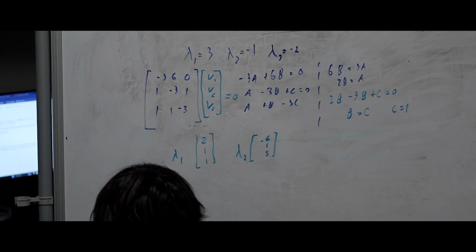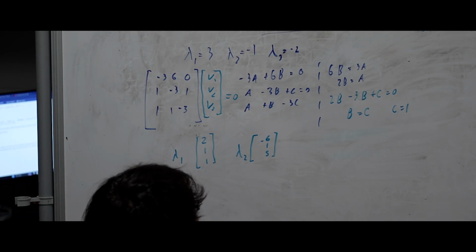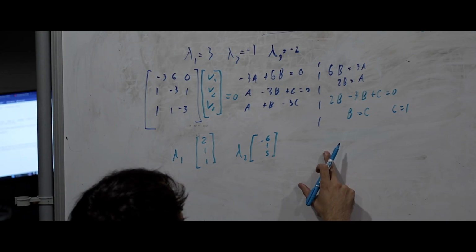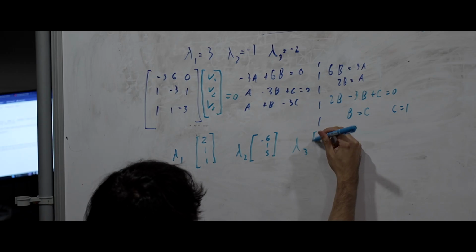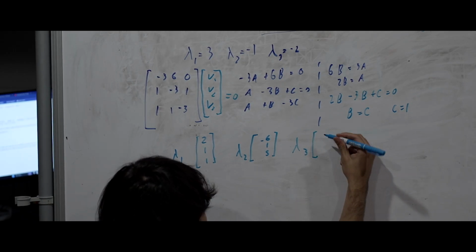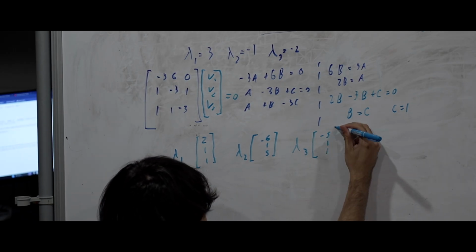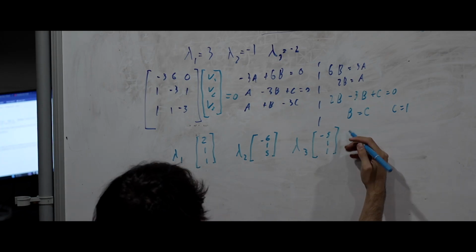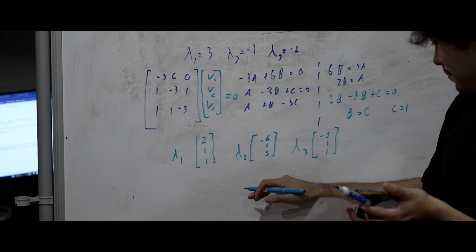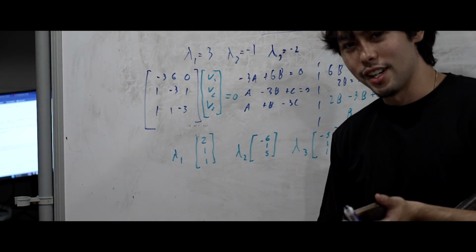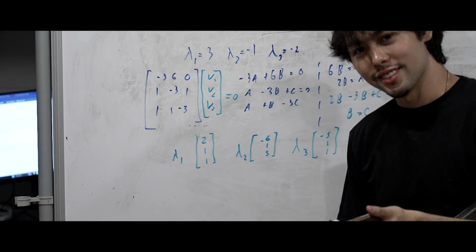This is our lambda 2 vector, and our lambda 3 vector was negative 3, 1, 1, right? Okay, so cool. These are eigenvalues, right? Or eigenvectors. I actually don't know. I just learned this, so.